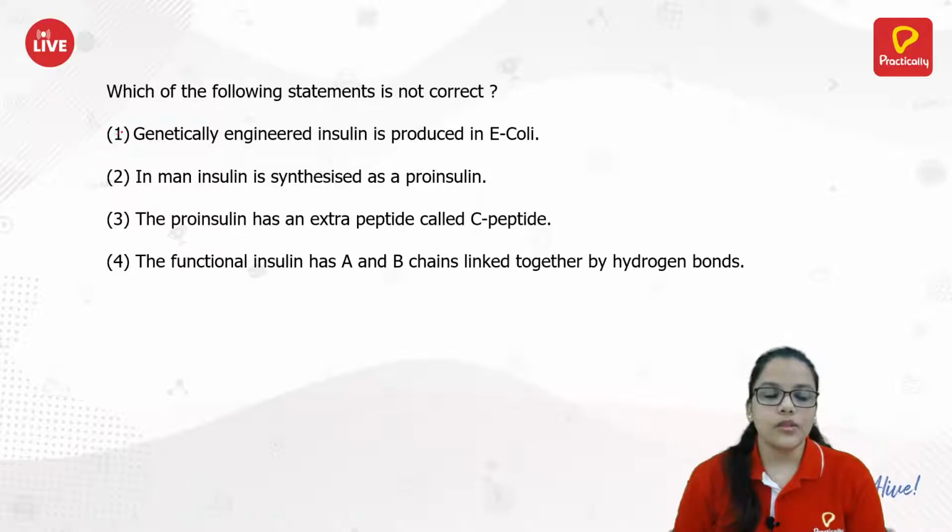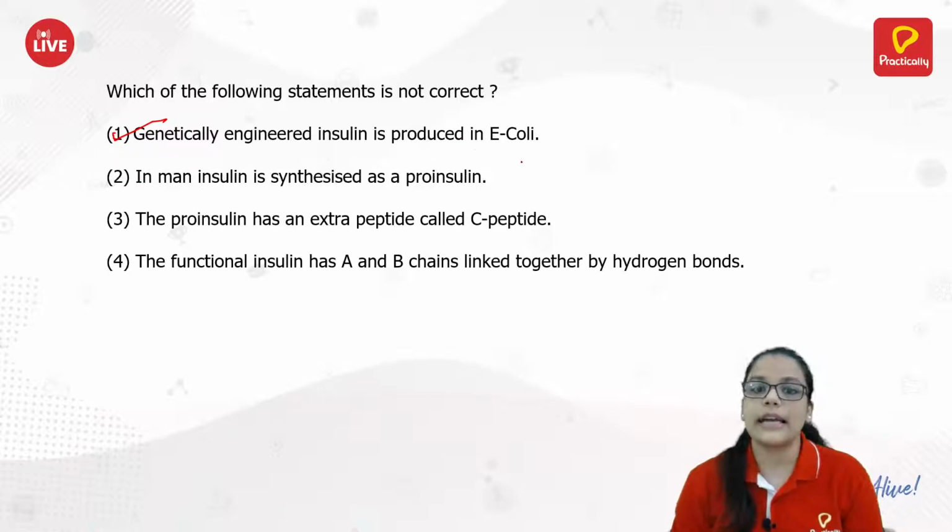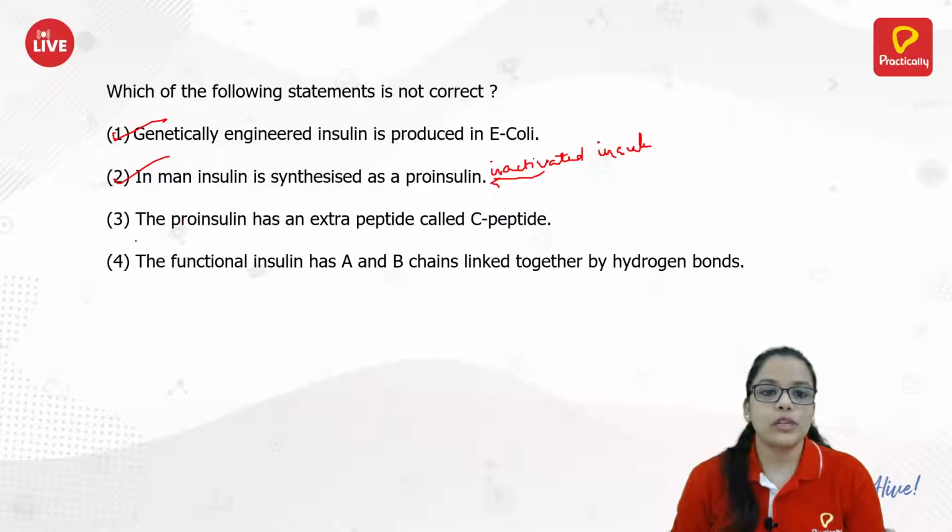Genetically engineered insulin is produced in E. coli. This is correct. In man, insulin is synthesized as proinsulin, the inactive form. This is also correct. The proinsulin has an extra peptide called C-peptide. This is also correct. The functional insulin has A and B chains linked together by hydrogen bonds.